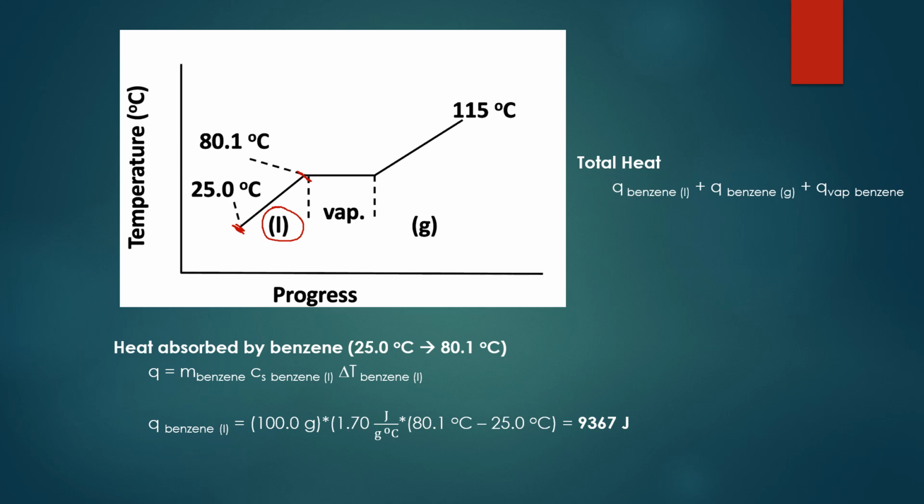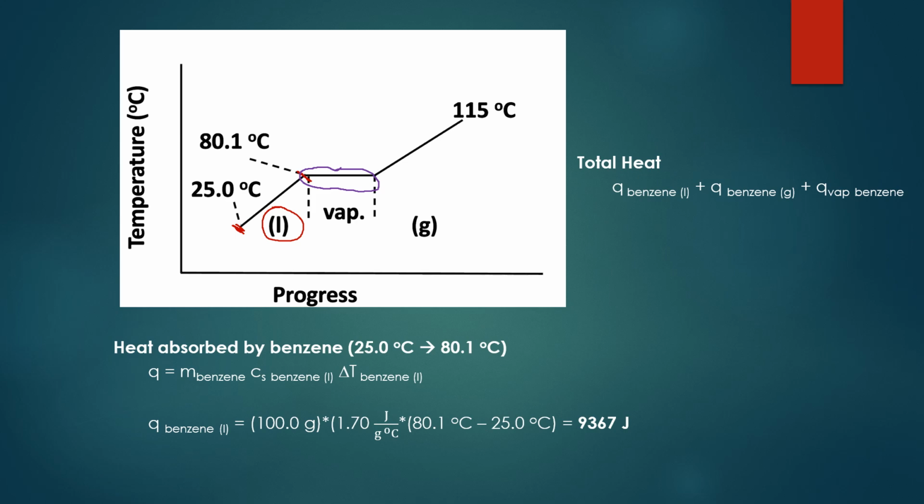Once it gets up to 80.1, now you'll notice we hit a plateau. That's because even though heat is still going into the reaction, the heat that's going into the reaction is not changing the temperature. Instead, it's changing that liquid benzene into a vapor, into gaseous benzene. So this is the heat of vaporization process, the plateau process.